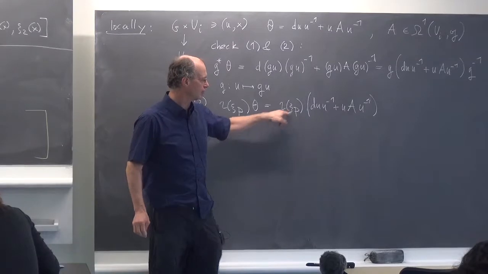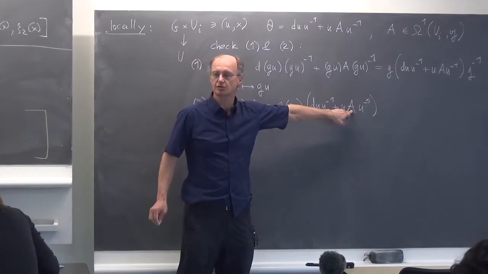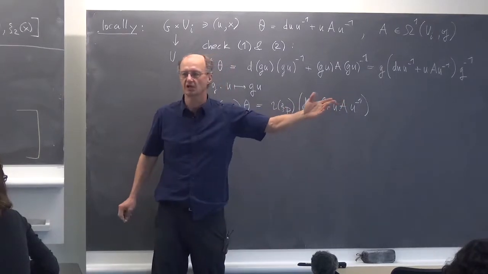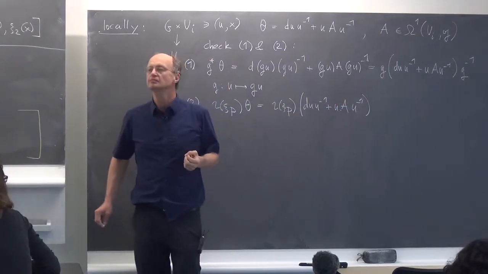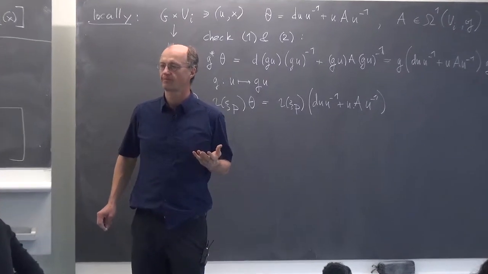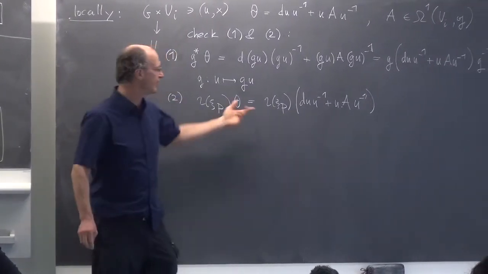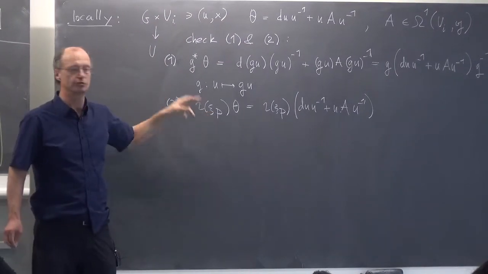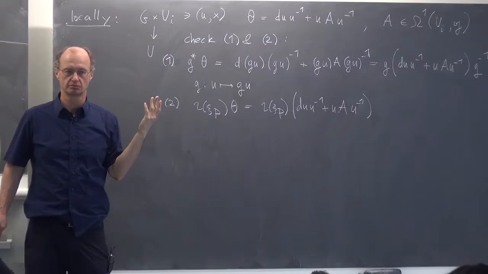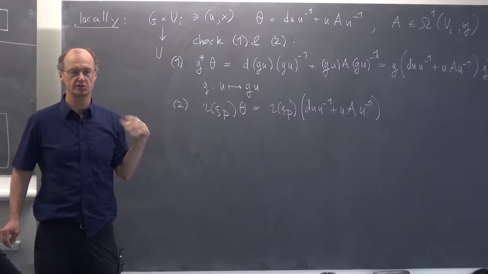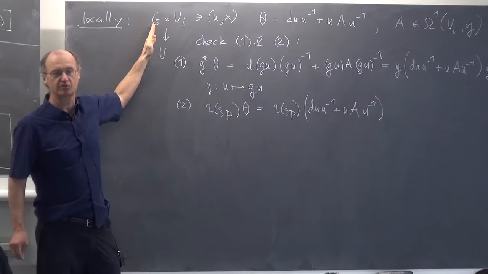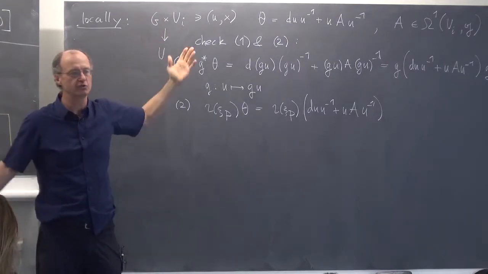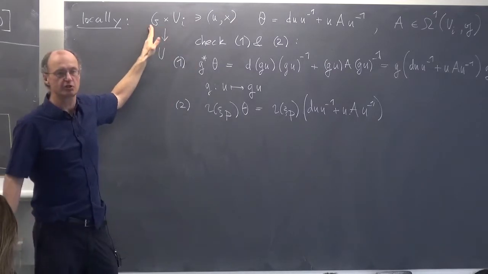So I need to know how it acts on U and how it acts on A. Maybe let's start with the question of how it acts on A. You see this is a direct product. What does our vector field do? Right, it acts along the fiber. It's whatever, left translation, or maybe sometimes people choose it to be right translation. So this is a translation on the fiber.